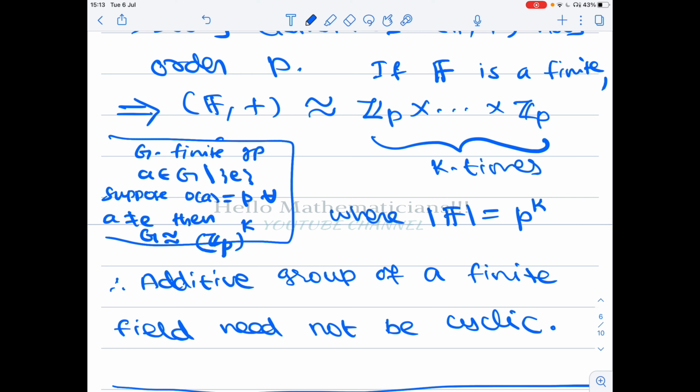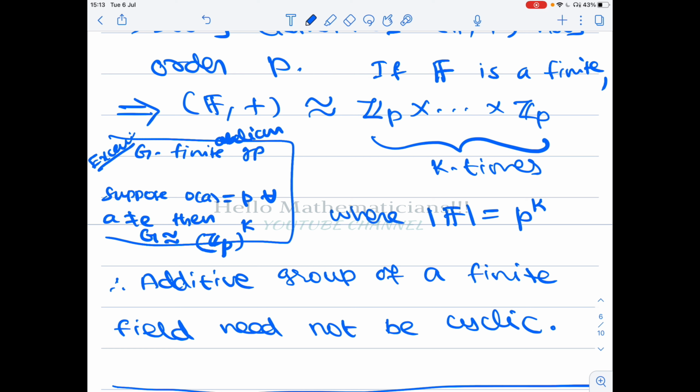We have to take a finite abelian group. You assume that the order of A equals P for all A not equal to E, then G is isomorphic to ZP power K. It is a simple exercise, try it by yourself.